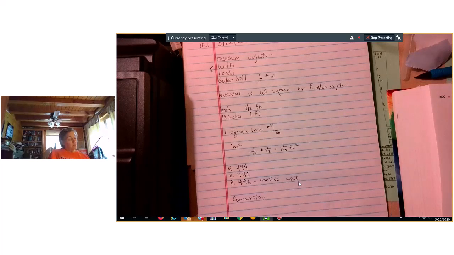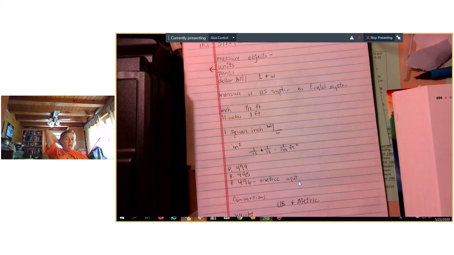We'll do weight, length, temperature. I think that's all. The length, the weight, and the temperature. And this is going to be in US and metric.